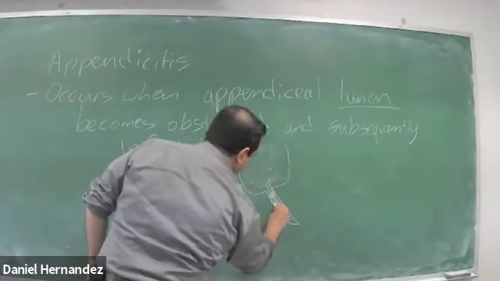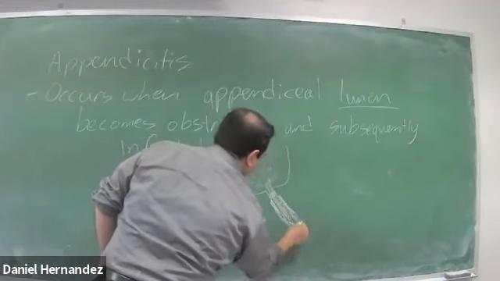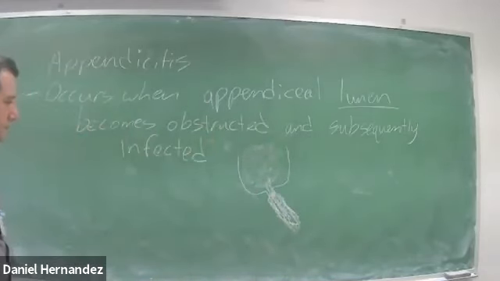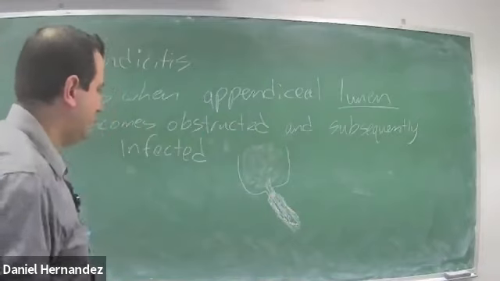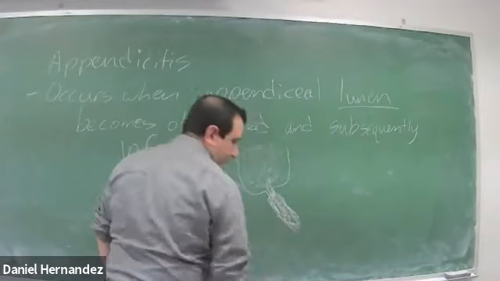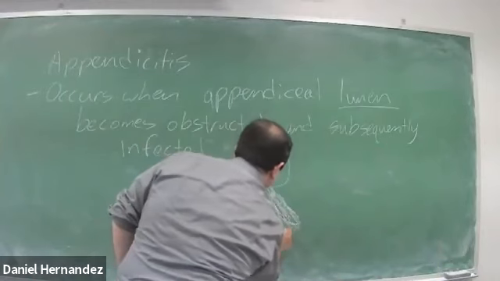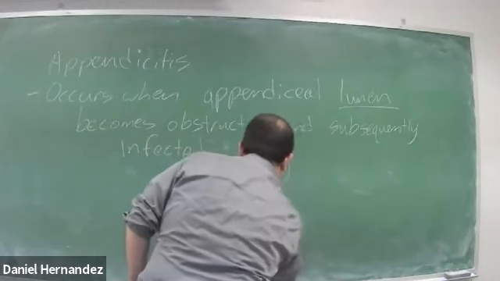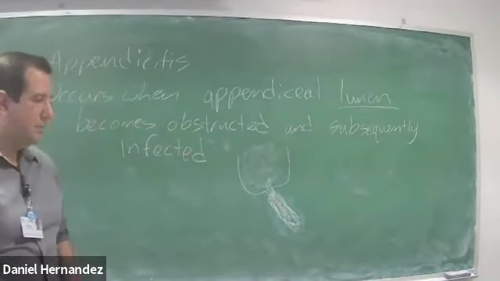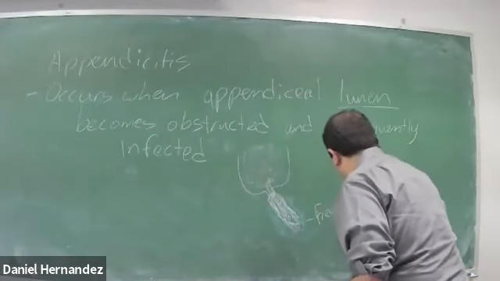You'll wind up with thickening of the wall, thickening of the mucosal layer, dilatation of the appendix, and potentially free fluid developing around the appendix as a result of the infection.